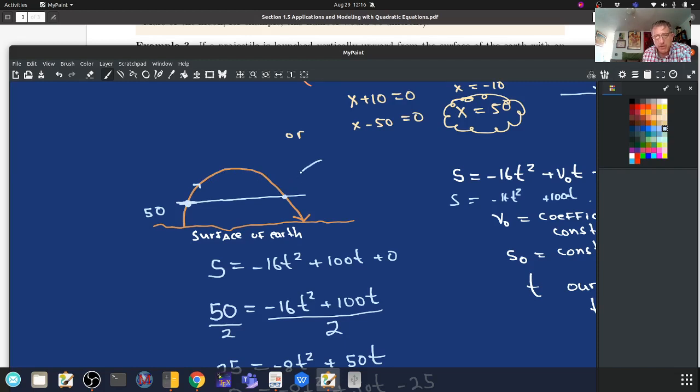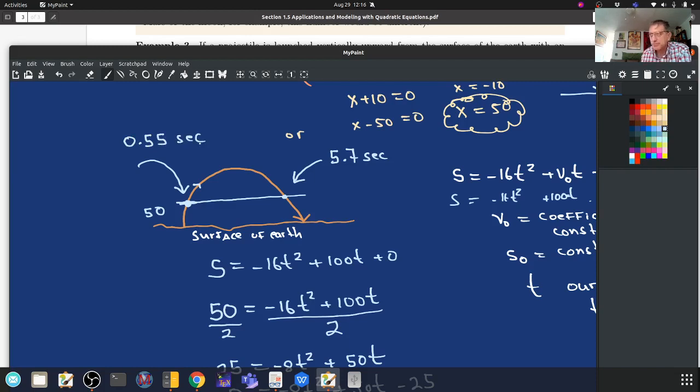So this point right here, it reaches after 5.7 seconds. And it reaches the original height of 50 feet above the ground really quickly, in about half of a second.